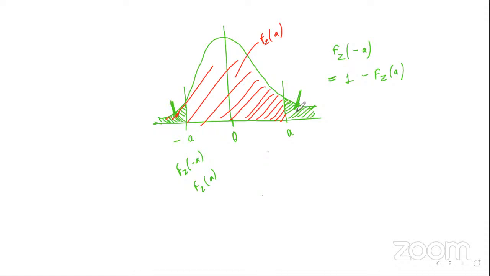Yes, ma'am. So we can use this property, that F of minus a is equal to 1 minus F of a. So what can you write F of a as? We can write this as 1 minus F of minus a, right?